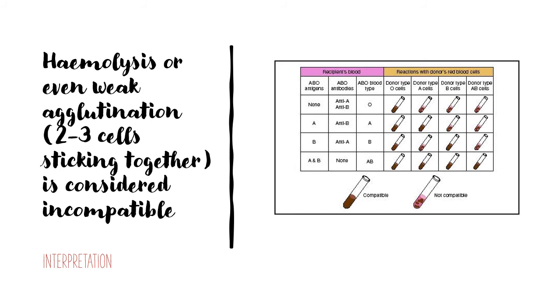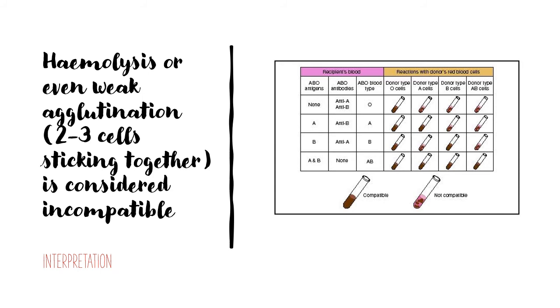So antigens are absent, but the serum or the plasma will have anti-A and anti-B antibodies. In case of the donor's red blood cells, you will see that in case of A, B and AB, there is agglutination shown. But there is no agglutination in case of donor type O cells. So this means that O is compatible with the donor who has group O blood.